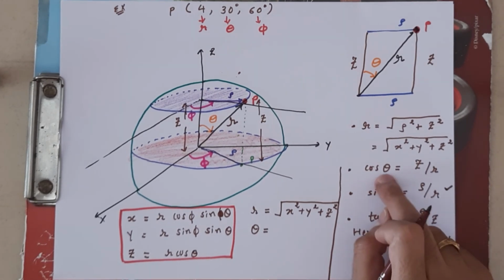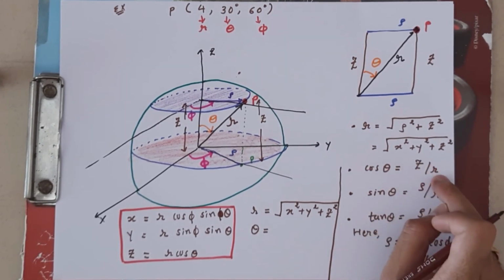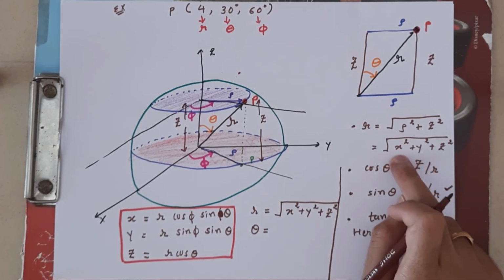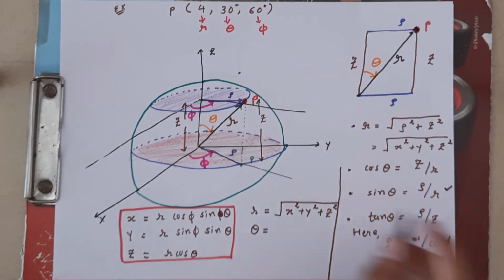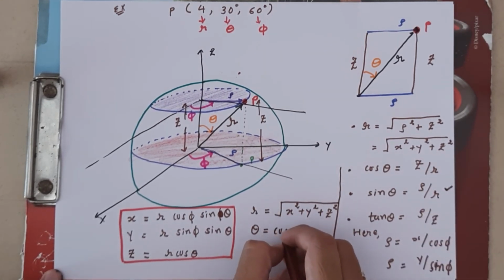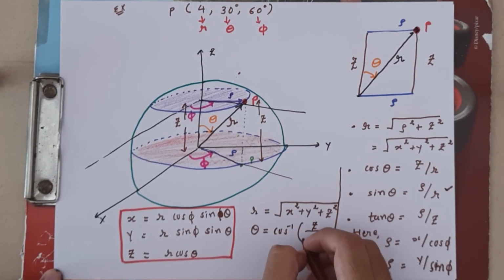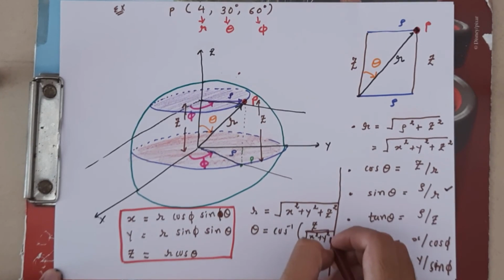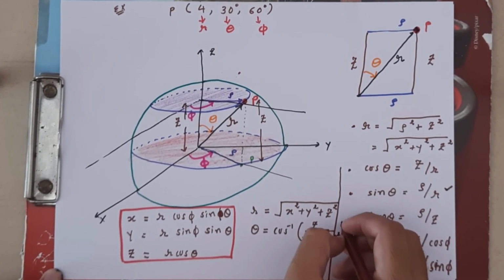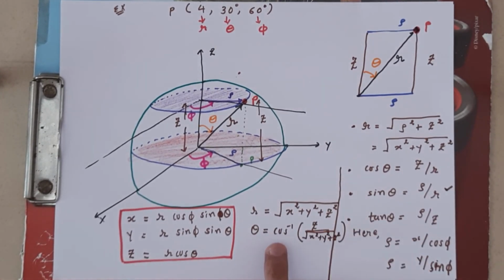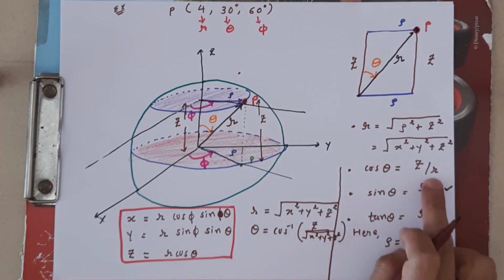So how to pick up this equation? You can write cos theta is equal to z by r. And what is r? r is equal to under root of x square plus y square plus z square. So theta is equal to cos inverse z divided by under root of x square plus y square plus z square, or you can write cos inverse z divided by r.